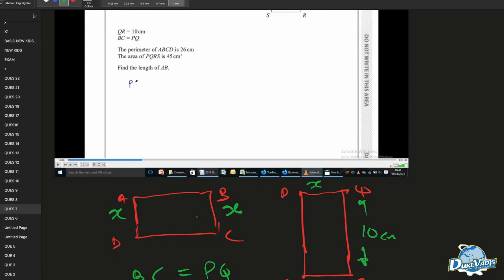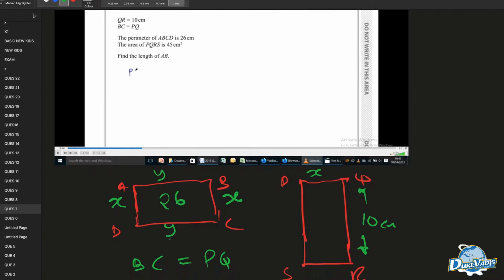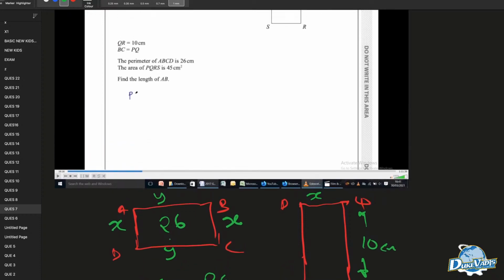The perimeter of ABCD is 26. We don't know this side, so I call it y. I've also been given the area of PQRS. Find the length of AB.